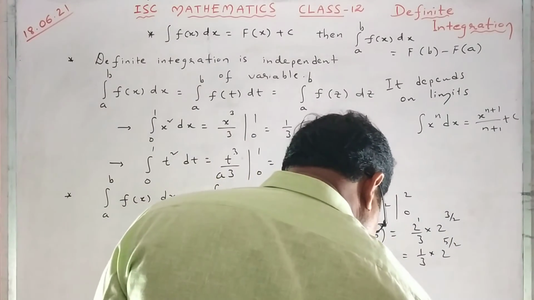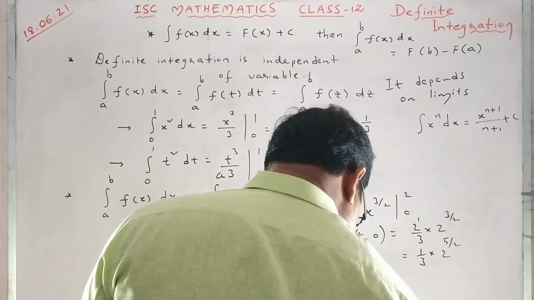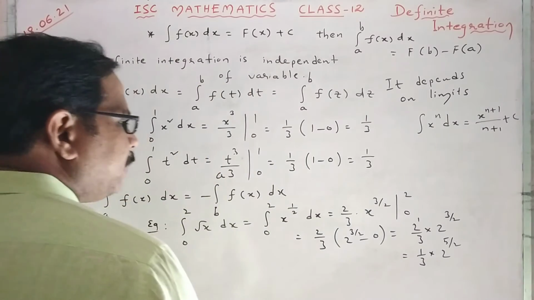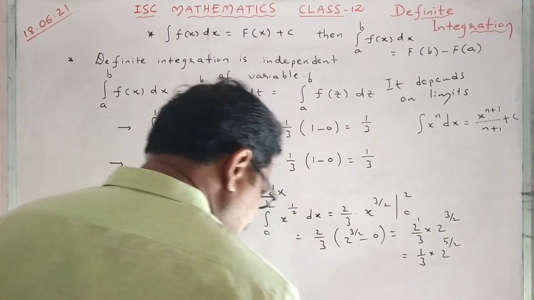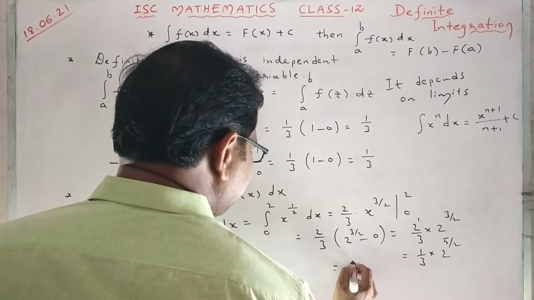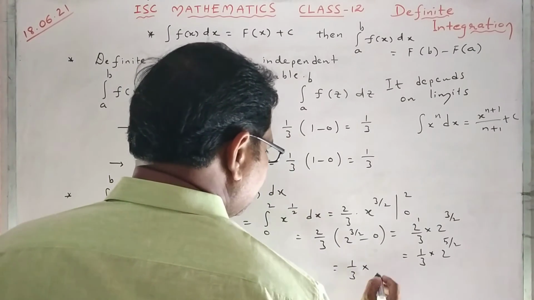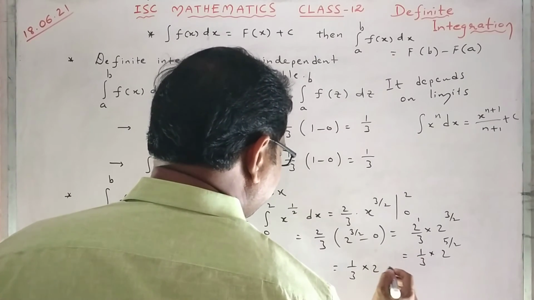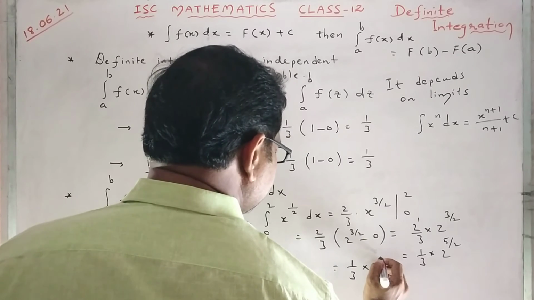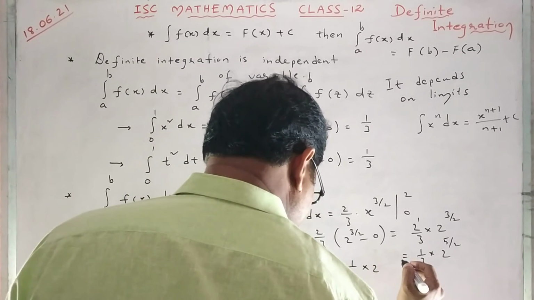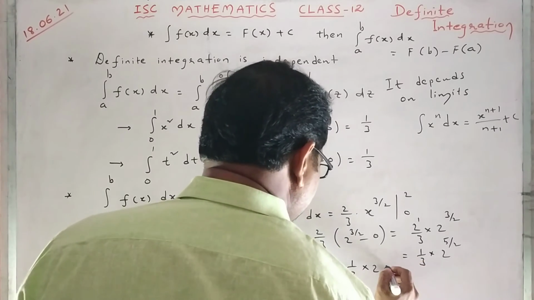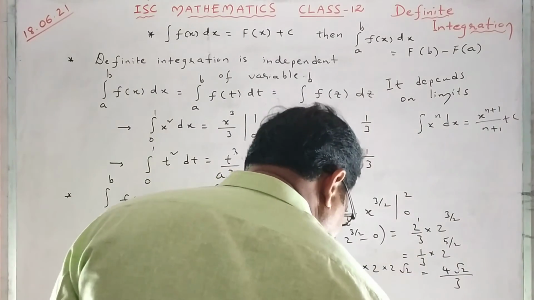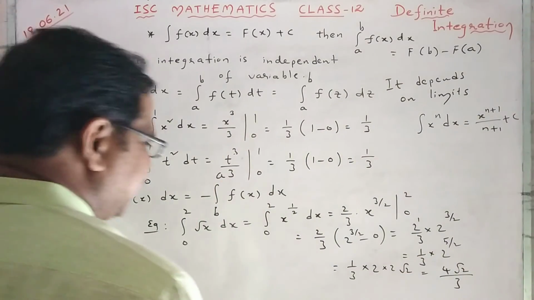Okay, 1 by 3 times 2 power 5 by 2, otherwise we can write 1 by 3 times 2 power 1 by 2 times 2 times 2, root 2 we can write, that means 4 root 2 by 3, simplification.